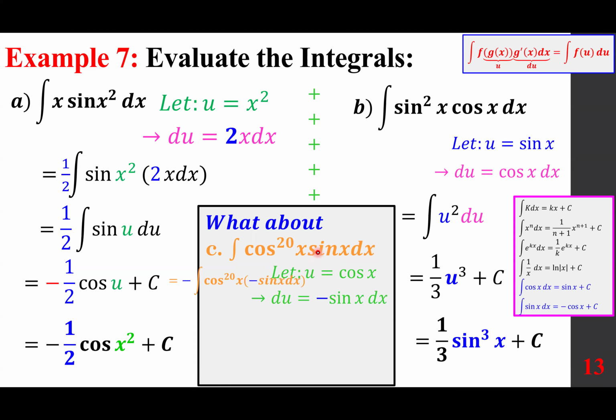Put a negative in and out. So if I put a negative sign inside, to undo it, I put a negative sign outside. Their product must be 1, and it is. So we are in good shape. So what we are looking at is the minus integral of cosine to the power of 20 x times minus sine x dx. So that makes it u to the power of 20 du. So simple case of a power rule.